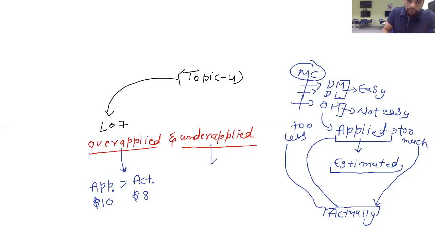Under applied means your applied number is less than your actual number. Let's say I am planning that the overhead cost of the product will be $5, but actually it's $7.